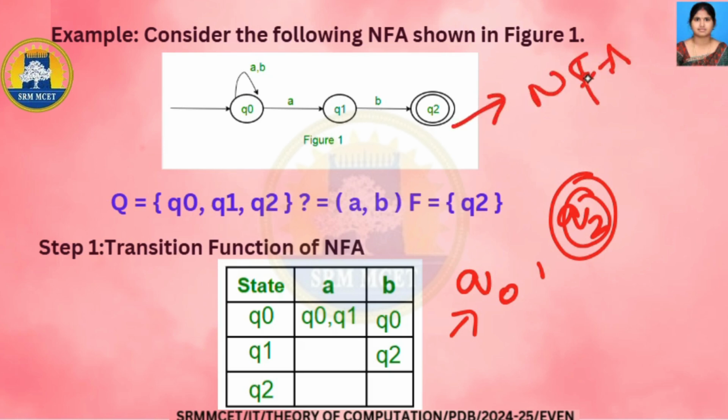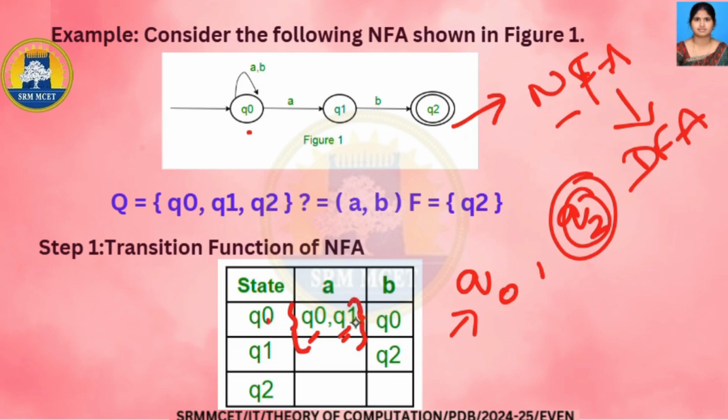Our main motto is to convert the NFA to a DFA by following the steps which we have seen in the previous slide. Step number 1 is to find the transition function of the given NFA. Already we have seen the procedure for finding the transition function for the NFA. We just start with the initial state, Q0. Q0 using the input A transitions to Q0 as well as Q1, because it is an NFA diagram.